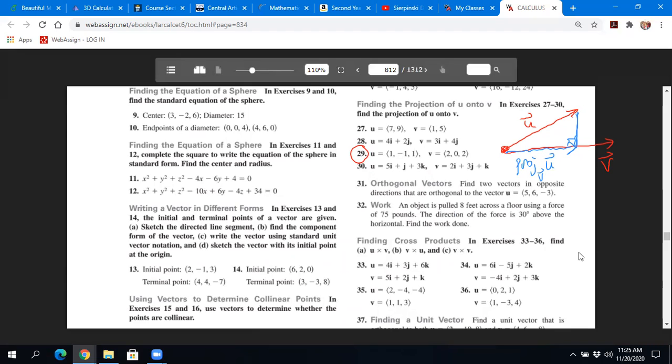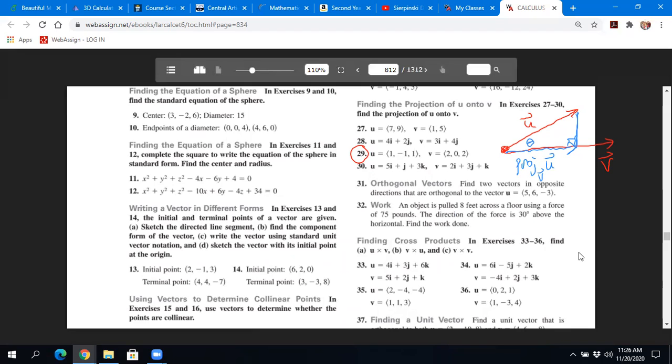So how do I figure that out? Well, first of all, what is the length of the projection? I'm just trying to remind you of some things so you can think this through in case you forget the formula.